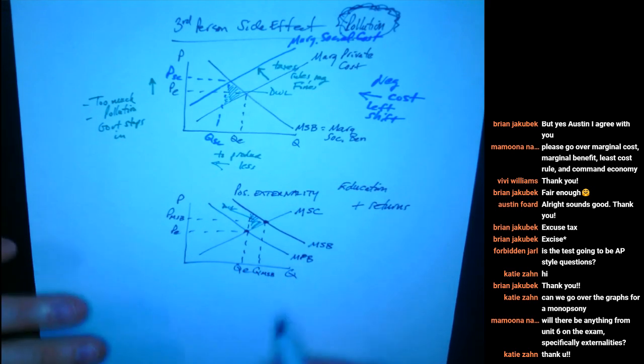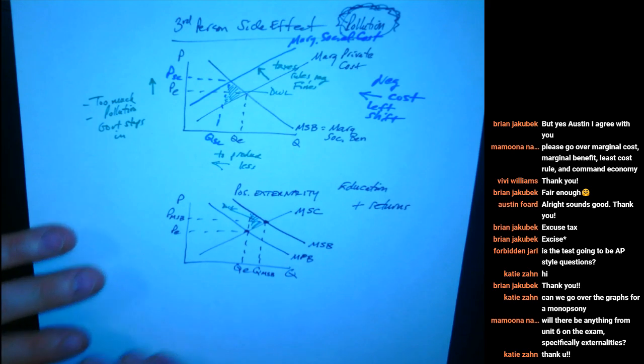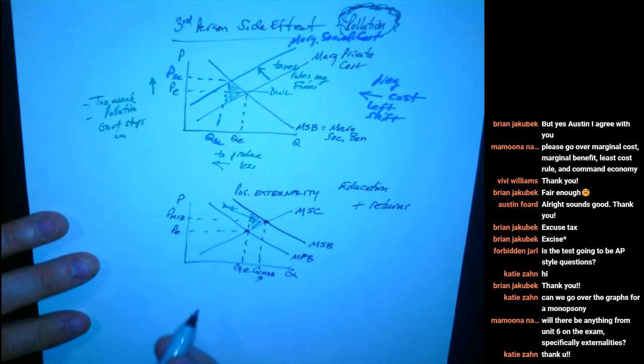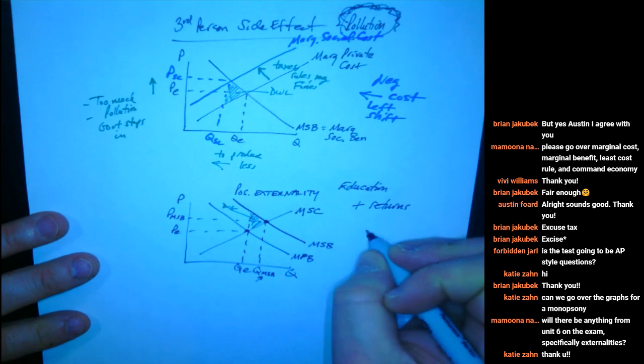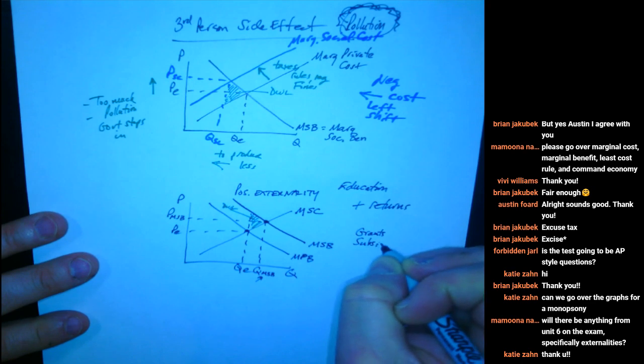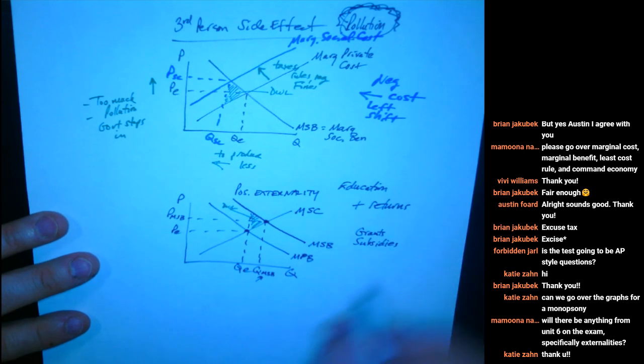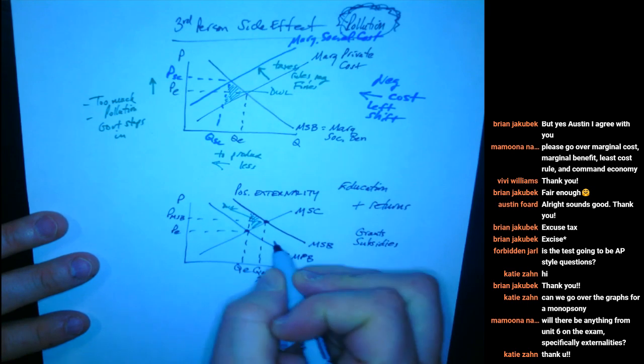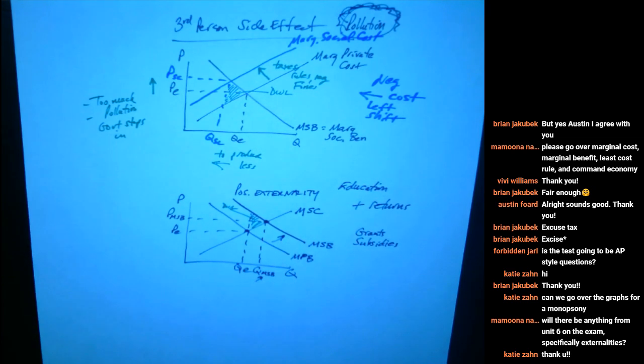So how do we get to that point of closing that up where now we have this quantity? Okay, we're underproducing. Well, a couple things. We could have grants and subsidies that will shift that over. Okay, so those types of things. Same thing with flu shots. Flu shots are a positive externality. We have people that are free riding off of others who don't get the flu shot as well.